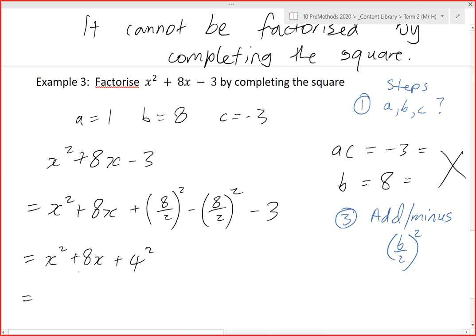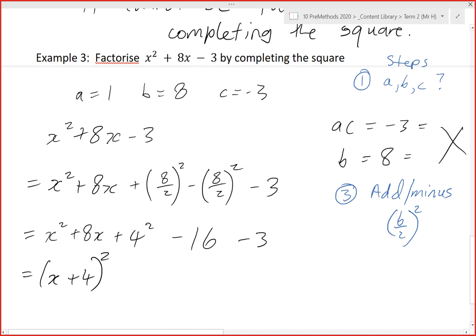So anytime you're doing completing the square, this always works. This number that's being squared is the number inside the brackets. Minus 3 is negative 19.